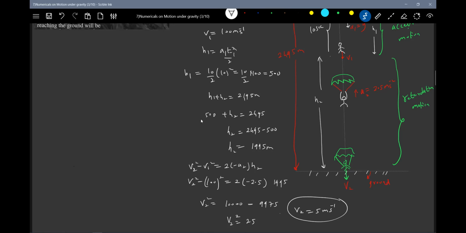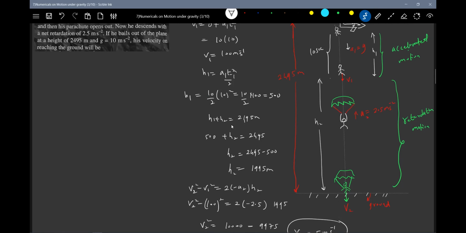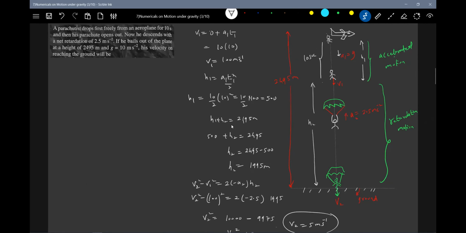I think he can land safely, no? The person should strike the ground with a very low speed. So there's a condition on what retardation and what height he should bail out. A lot of science is involved, not just wearing a parachute and jumping. It's not that easy.